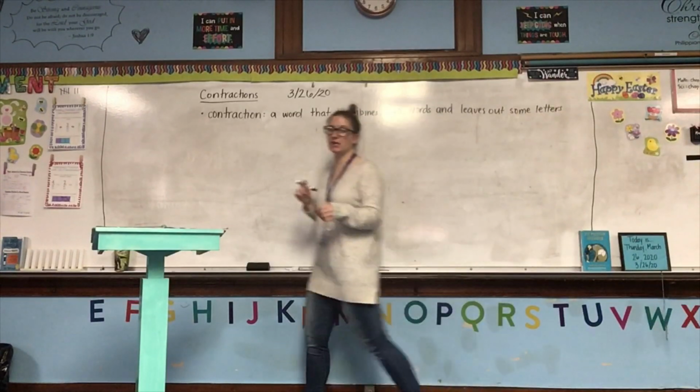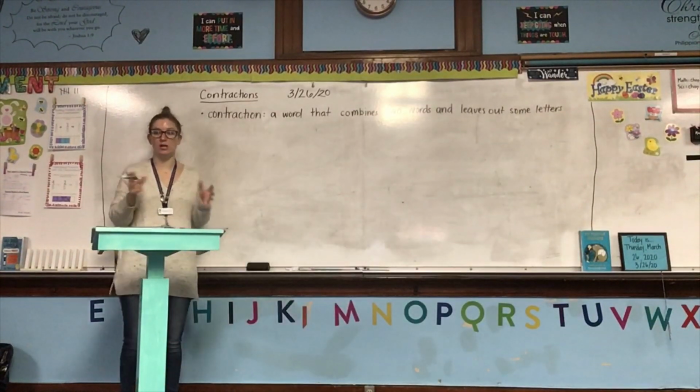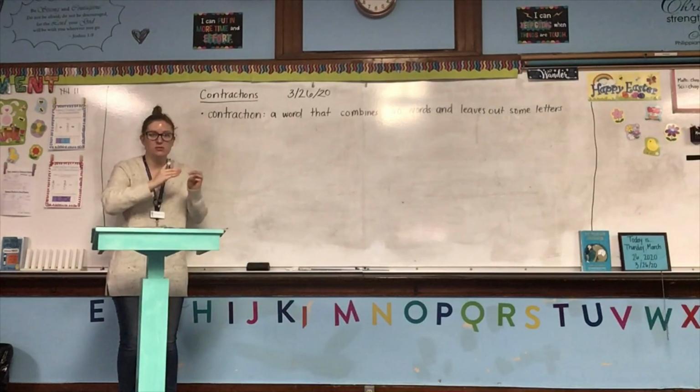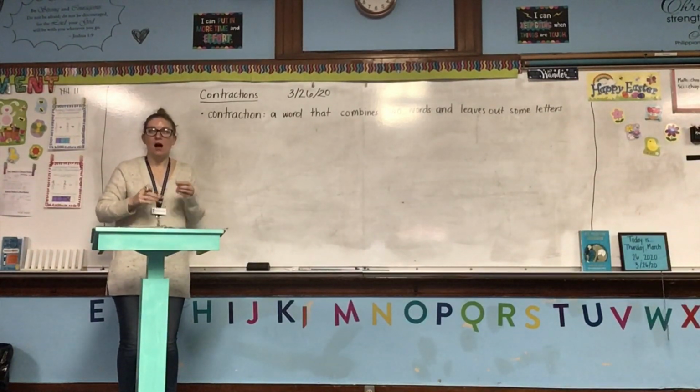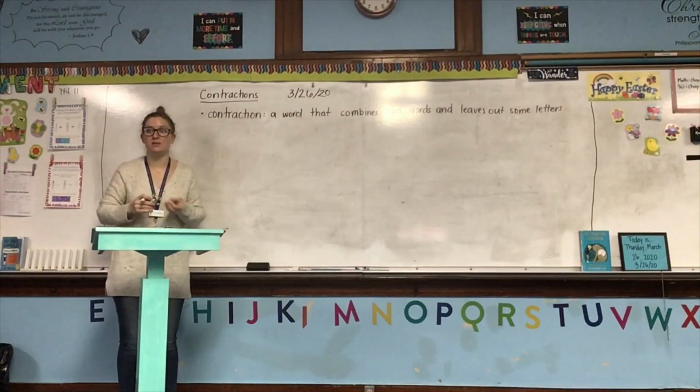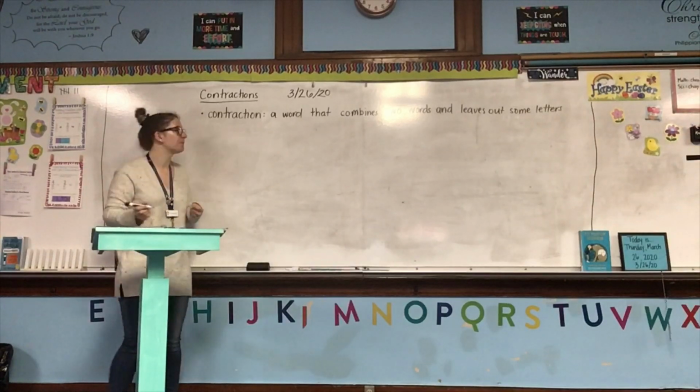So when we create a contraction, we're combining two words. Now we're not just smushing those two words together because one or both of the words may lose some letters.